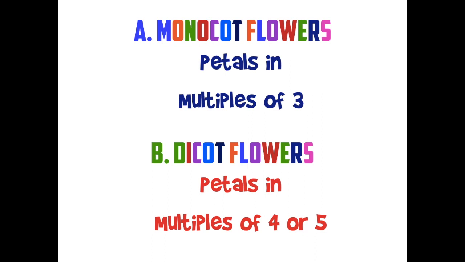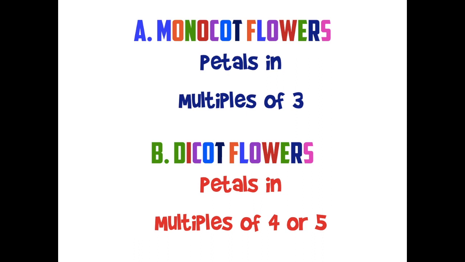Now, gymnosperms do not have a monocot and dicot, neither do pteridophytes or bryophytes. This is primarily going to be coming from when we talk about seeds, and we'll address that in just a little bit. But let's talk about the petals since we're talking about flowers on the previous slide.